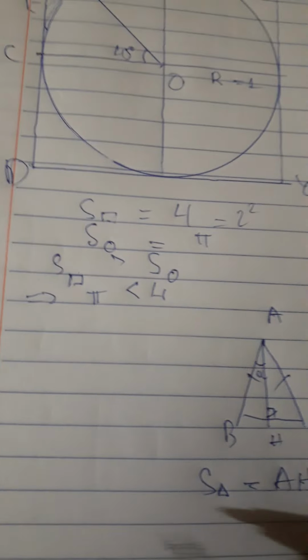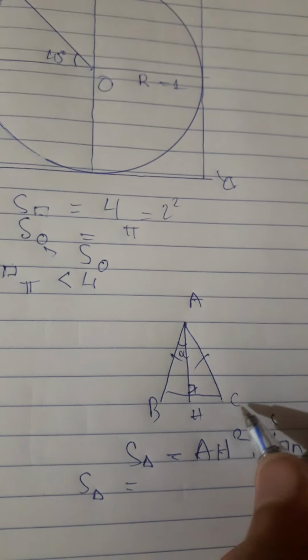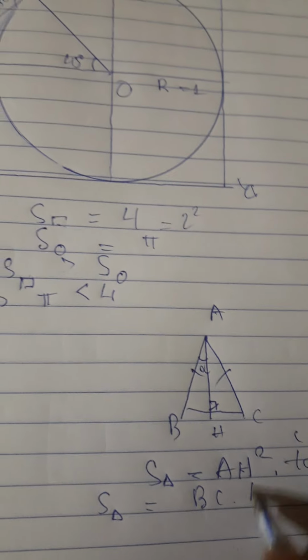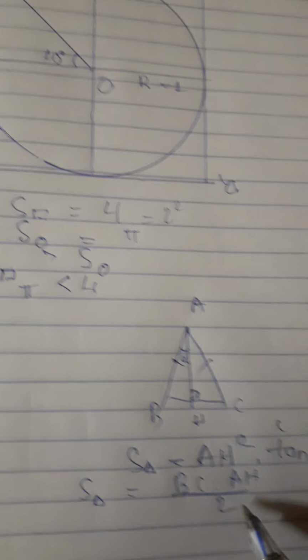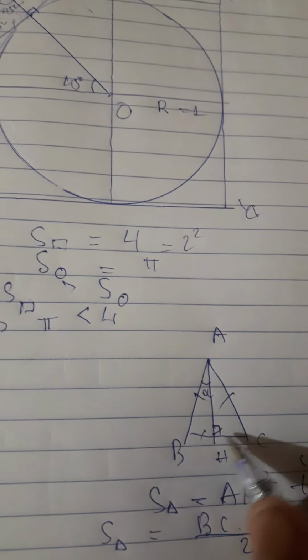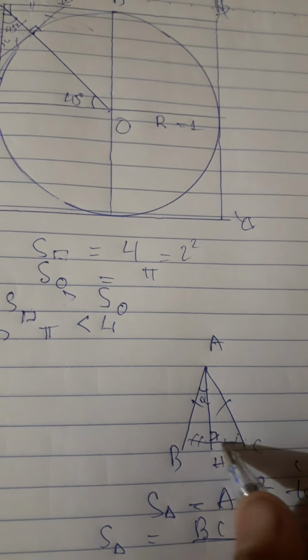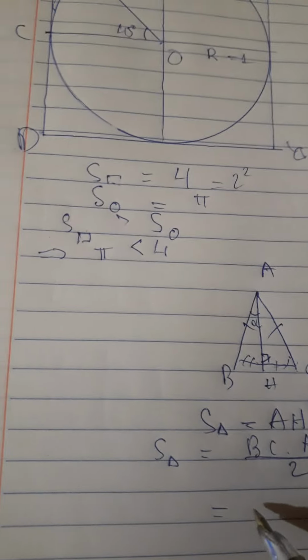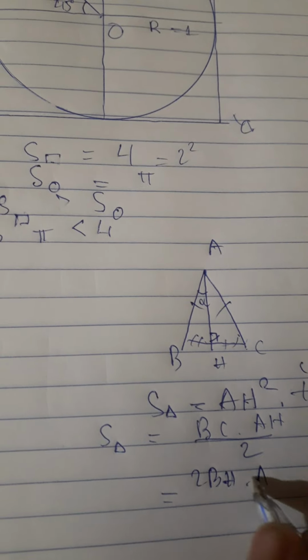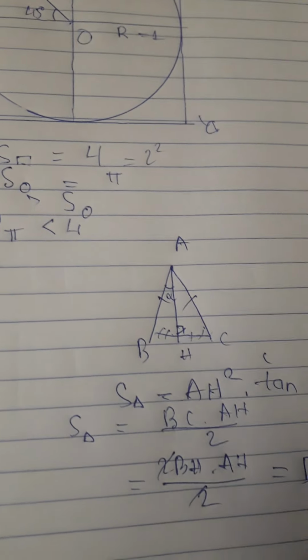Because the area of that triangle is just BC multiplied by AH divided by 2. This is the original formula. Since BC is equal to 2 times BH, we have these two as congruent triangles, so this side has to equal the same. That is 2BH multiplied by AH divided by 2, where the 2 cancels. BH multiplied by AH.